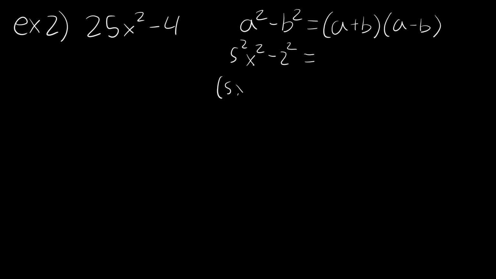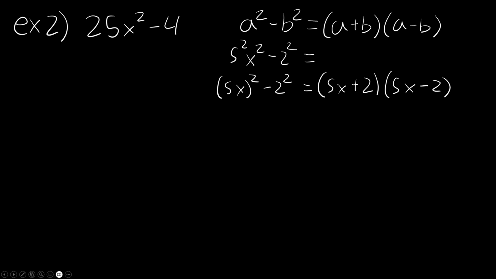We can write 5x squared minus 2 squared, which then equals, so our a will be 5x plus b, which is 2, then a again, which is 5x minus b, which is 2. So our answer will be 5x plus 2 times 5x minus 2.